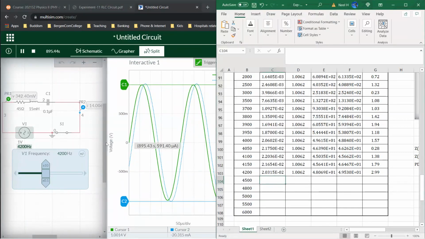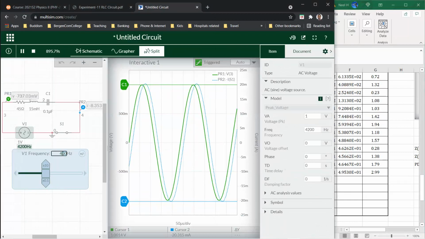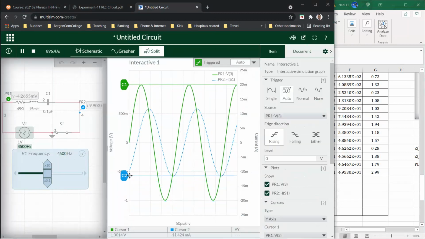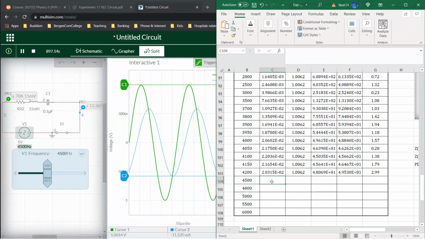That's okay. So let's do 4500. 11.520. Looks good, but the error is a little bit higher there.